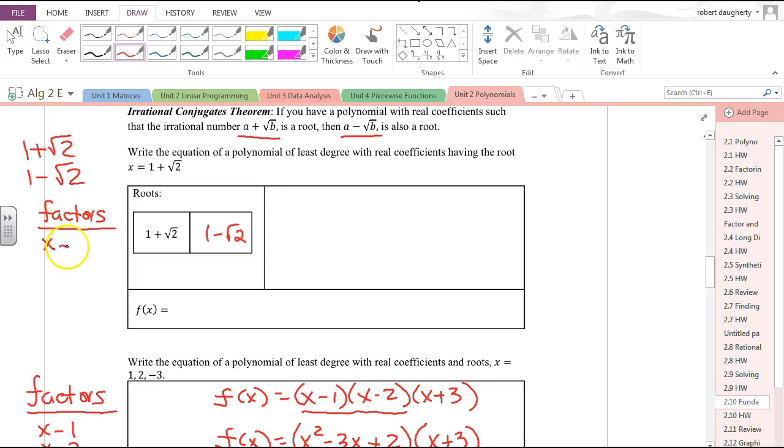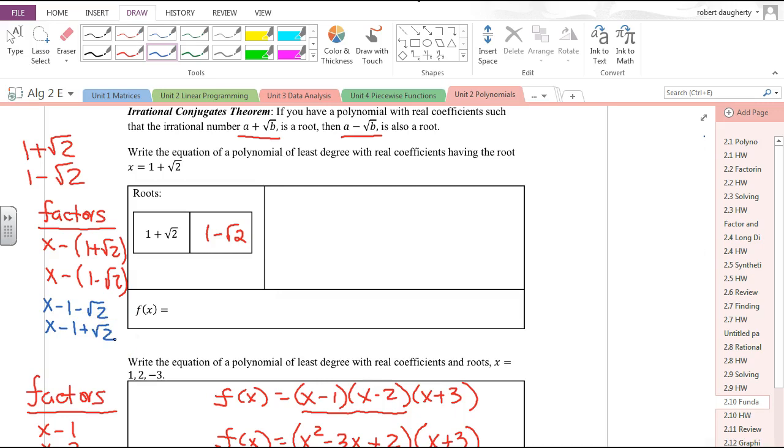The factors are x minus 1 plus root 2 and x minus 1 minus root 2. So this is just simply x minus 1 minus root 2 and x minus 1 plus root 2. Those are the two factors to this polynomial.